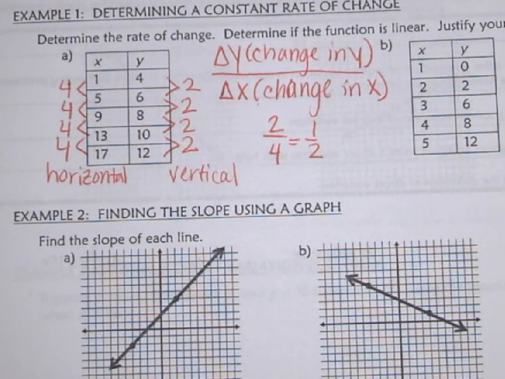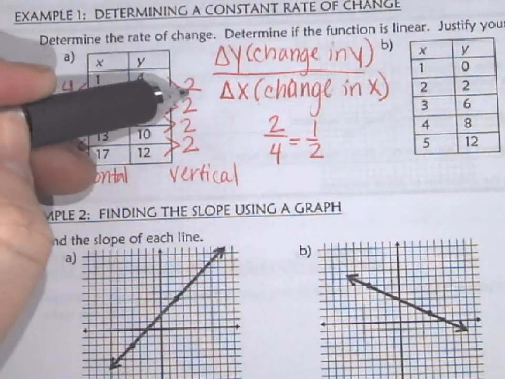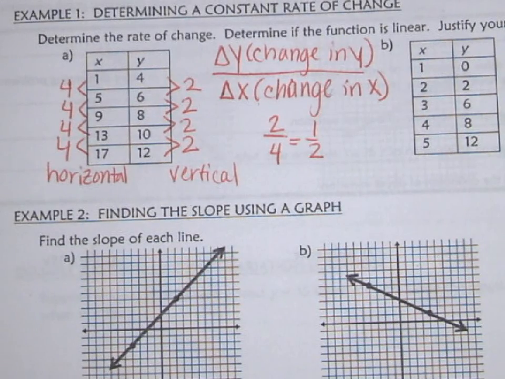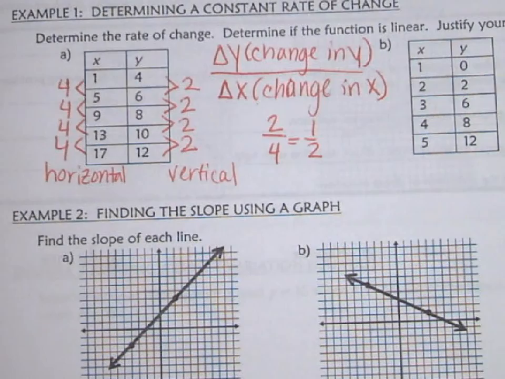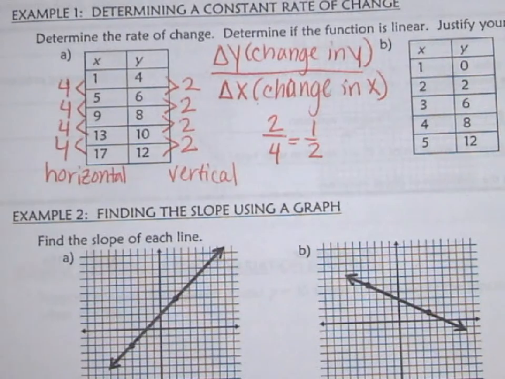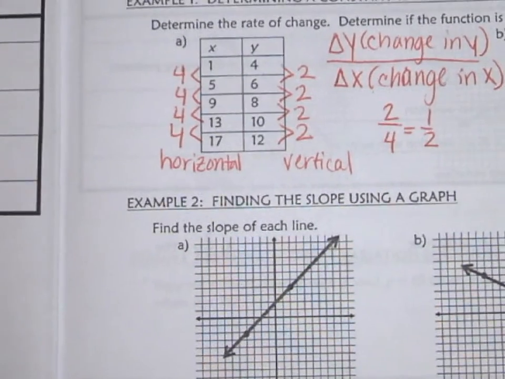Determine if the function is linear. It is linear because the change is the same. That's what it means when it said that linear functions have a constant rate of change. The change is constant. It's the same between every pair of points. Therefore, the function is linear. So let me write that down.